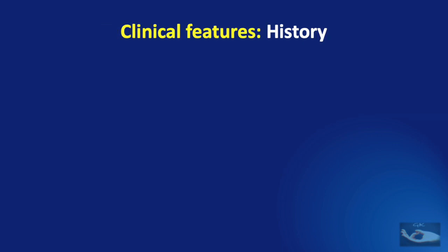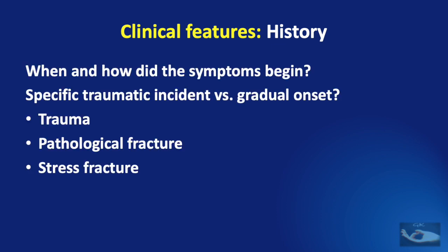Eliciting the history is quite simple in patients with suspected fractures of the hand, like when and how did the symptoms begin. It could have been a specific traumatic incident or a gradual onset. So it could point to either trauma, a pathological fracture, or a stress fracture.